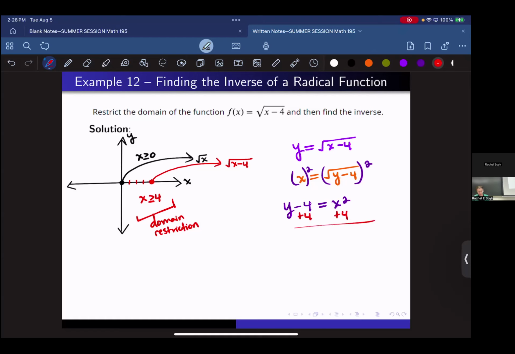And last but not least, you want to put it into proper function notation. So you end up with f inverse of x is simply x squared plus 4, and then we're done.